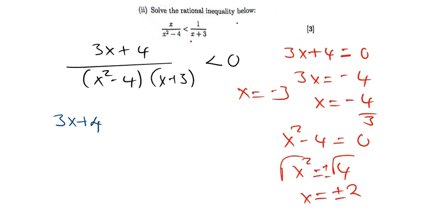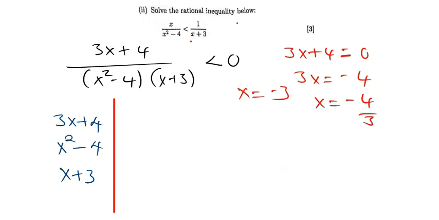We understand that even if we were to expand it, it's going to turn out to be a difference of 2 squares, right? But let's just take it as one. That's also fine. x squared minus 4. And then we can also have x plus 3. If you want, you can expand this and come up with four brackets. That's also fine. But we'll just work with this.